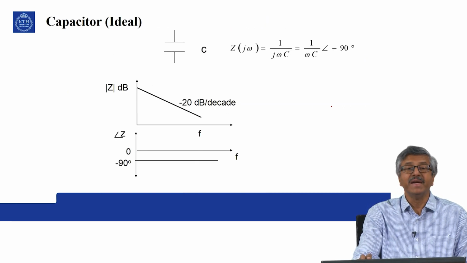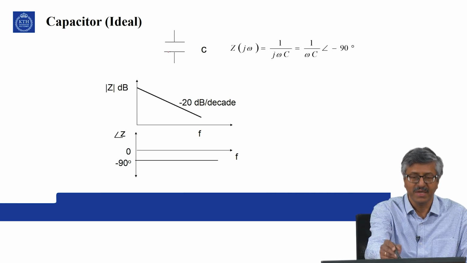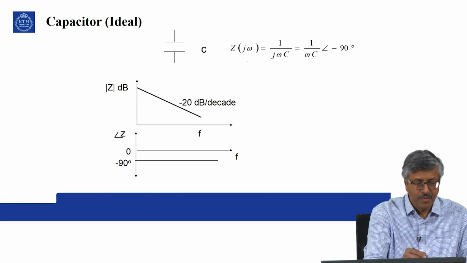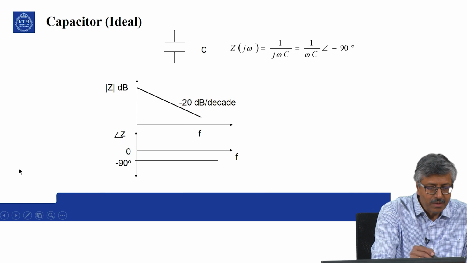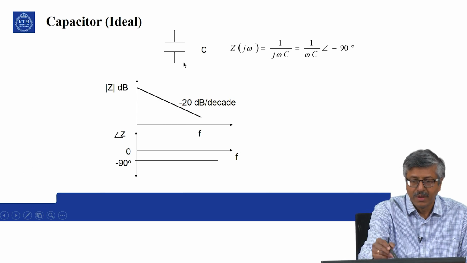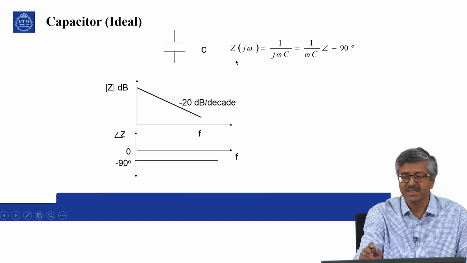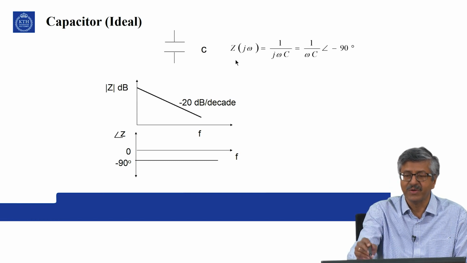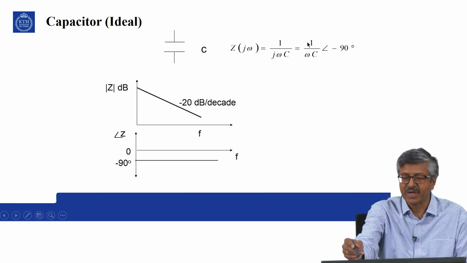So, we take the ideal capacitor. What is an ideal capacitor? Well, it has a symbol like this. This is the ideal capacitor, and it has an impedance which is a function of frequency. We know that it is 1 by j omega C, or in polar form we write 1 by omega C angle minus 90.